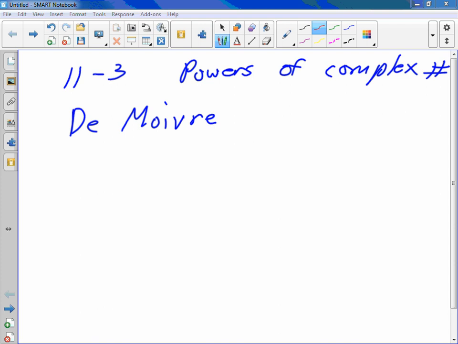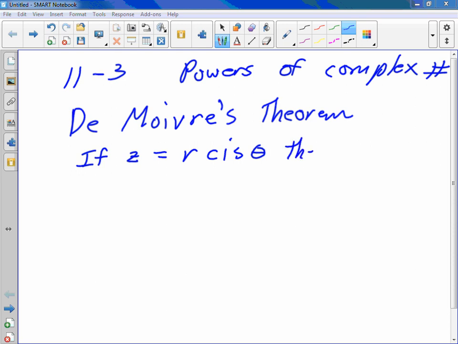De Moivre made a theorem that talked about, and this is in the book, so you don't got to write it down, but you will for your notes at some point: if z equals r cis theta, then, I love the if-thens, then z to the n equals r to the n cis n theta. So let's play around with that a little bit.